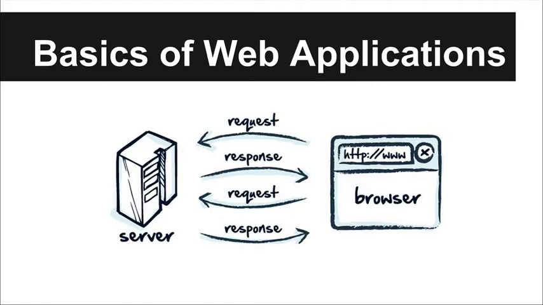So at the heart of every web application is a request and a response. The server is the one who's responding to a request, and the request could be from your browser, your smartphone, some kind of device that goes out and talks to another machine, in this case the server. And so the server's job is just to give you back whatever you requested.